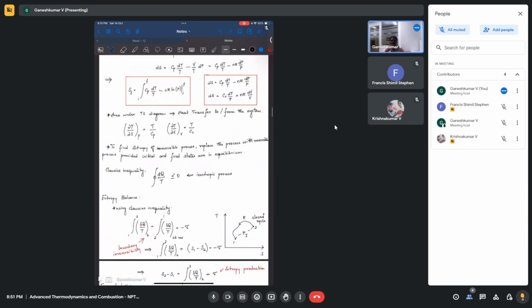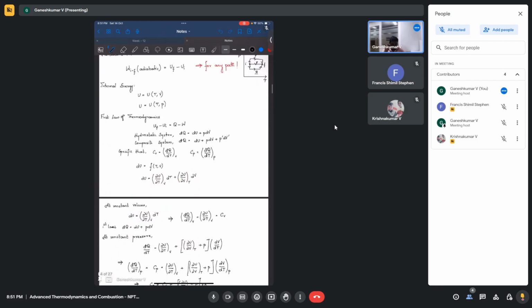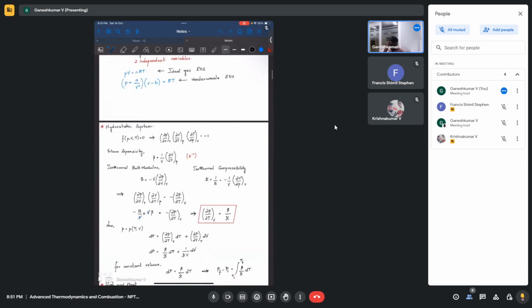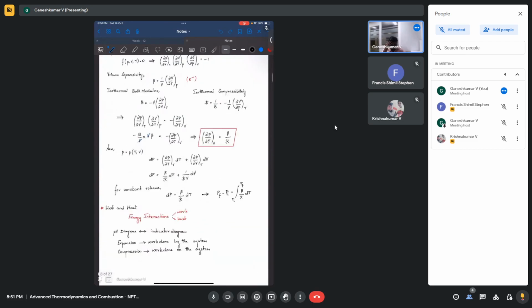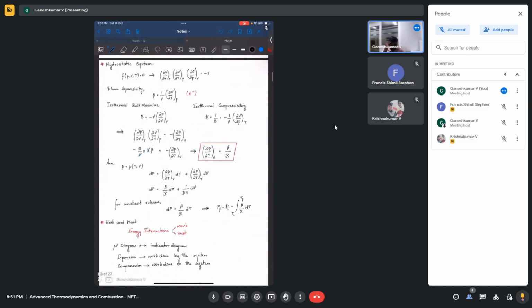So basically, all the specific quantities are intensive, and all the non-specific quantities are extensive, right? Okay, I didn't take.